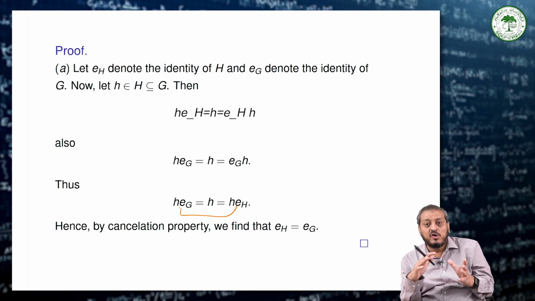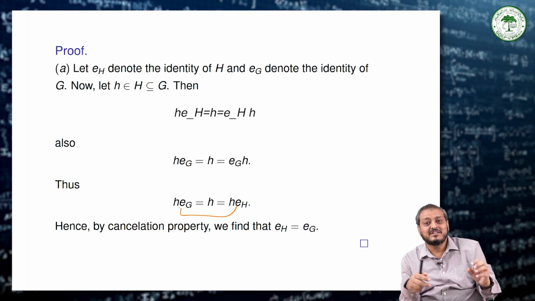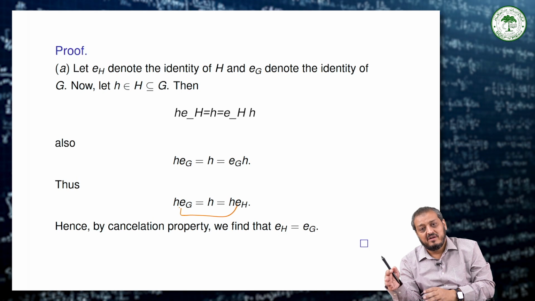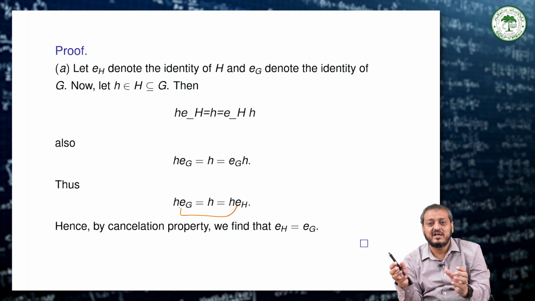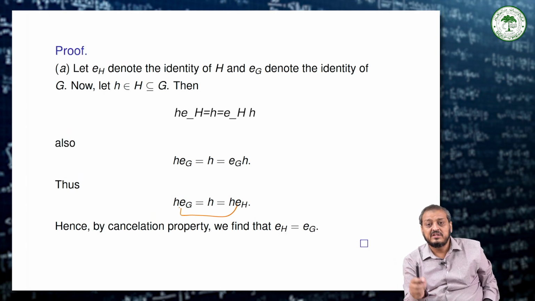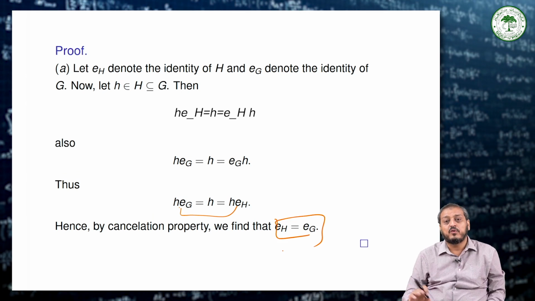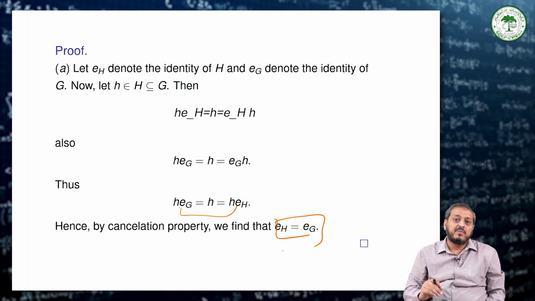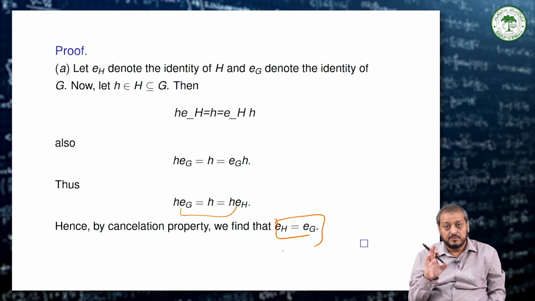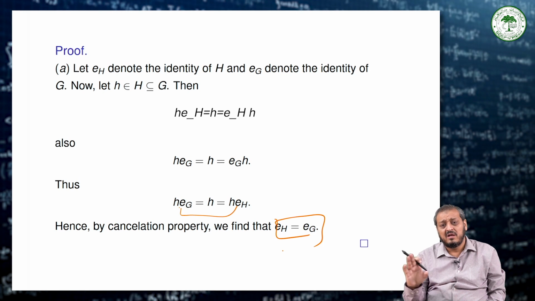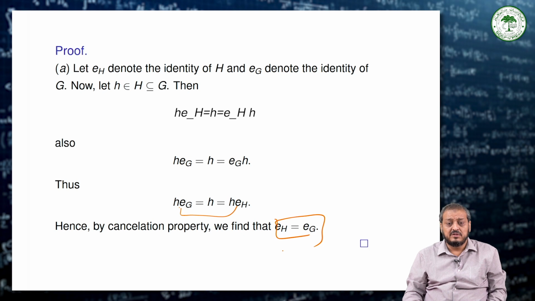So we have proved that the identity element of H is the same as the identity element of G. We chose two different identities, one of H and one of G, and ultimately showed that they are the same, so e_H is equal to e_G. So we have completed part A of this result: the identity of the subgroup H is the same as the identity of the group G.